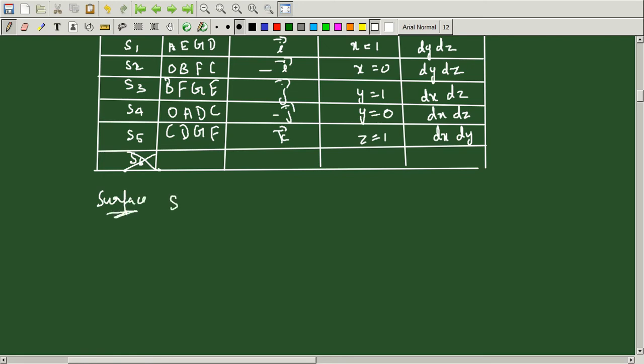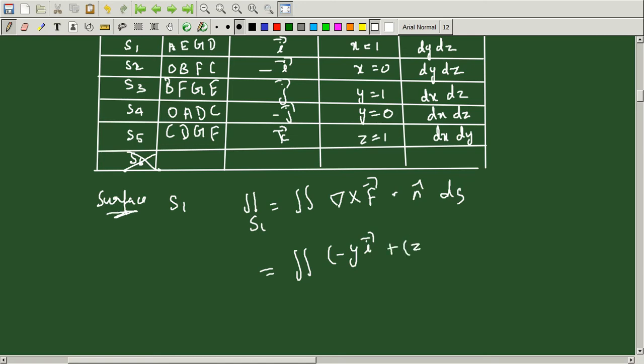So surface 1, S1, is equal to the double integral, we know the formula, del cross f dot n cap into ds. We already found del cross f is minus y in the i direction plus z minus 1 in the j direction minus the k direction.